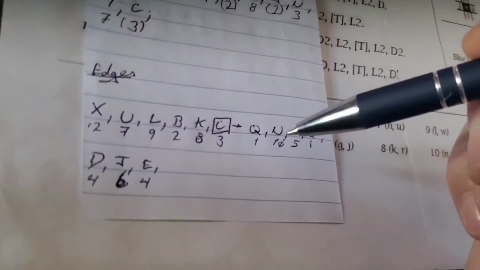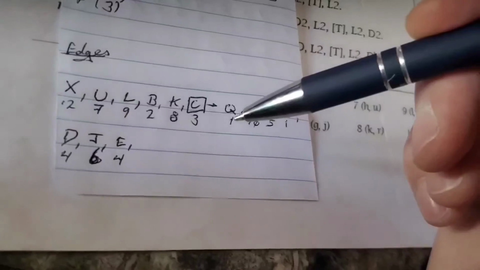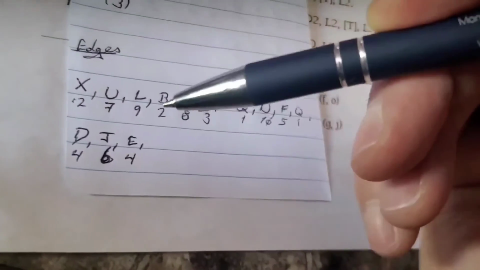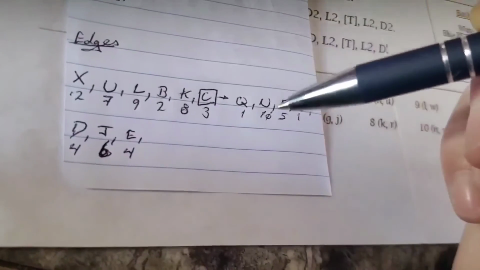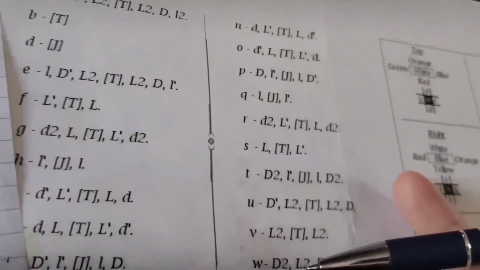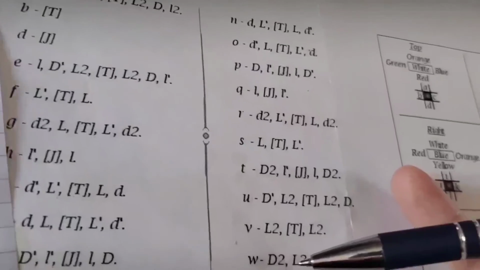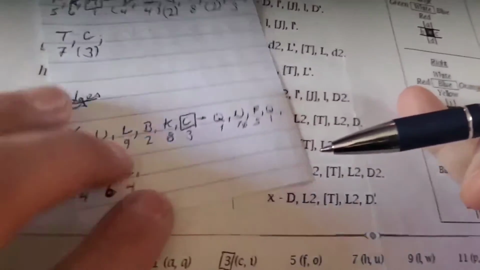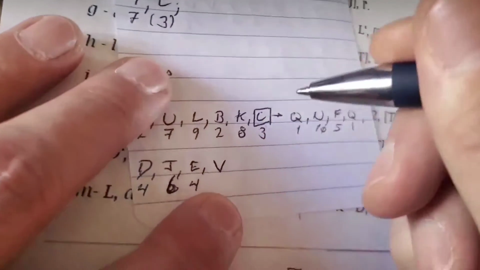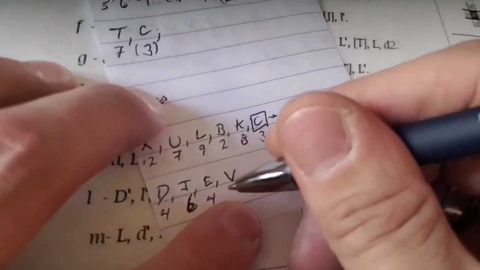Oh man, what haven't we done yet though? 11? Okay, so 1, 2, 3, 4, 5, 6, 7, 8, 9, 10. P and V. Let's do V. V looks easier. So now we're gonna go V, and that's in the 11th position.